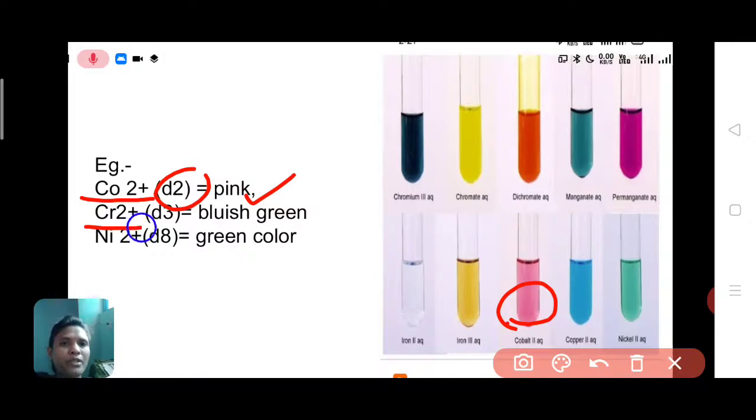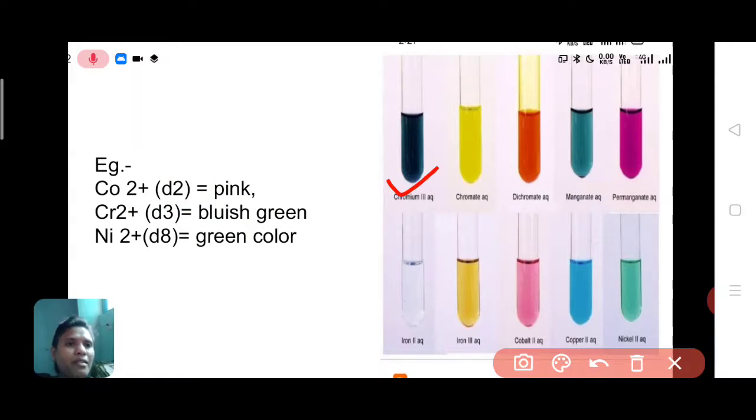When chromium 3 plus having configuration d3 appears in bluish green. Or nickel 2 plus having d8 configuration shows green color. Okay, so chromium when present in plus 2 and plus 3 oxidation state shows green color.